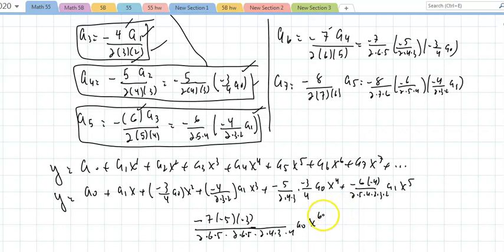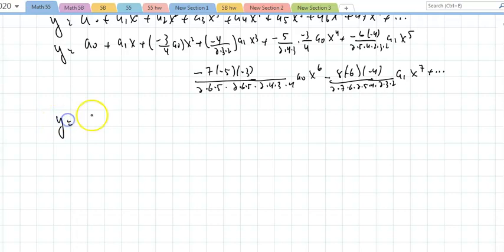And I could list a 7th, but let me see, does it fit? Yeah, why not? Minus 8 times negative 6 times negative 4 over 2 times 7 times 6, 2 times 5 times 4, 2 times 3 times 2, a sub 1 x to the 7, and the list goes on. Let me make some more space. So I'm getting y to equal, I'm going to take out all the a sub zeros.